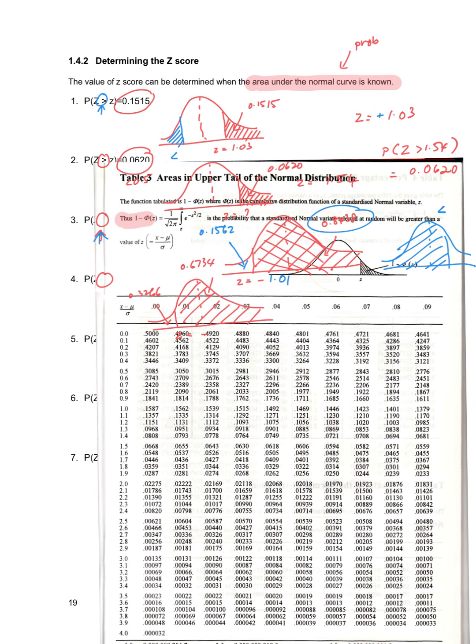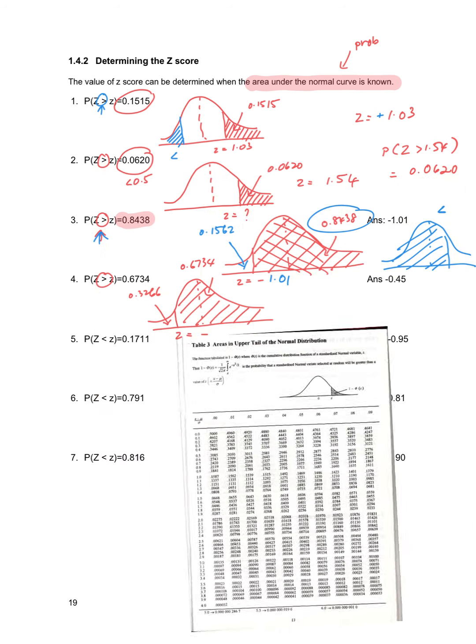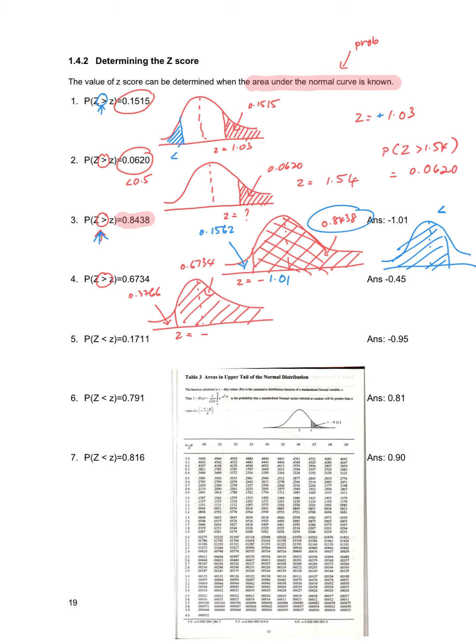Berapa Z dia? 0.3266, tak ada. Yang paling hampir is 0.3264, and 0.3264 is 0.45. So meaning that the Z is negative 0.45.